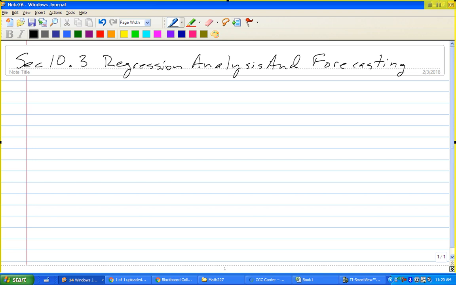Okay, so the regression equation, the regression line, is a line of the following form. Well, it's y equals mx plus b, and this is for a sample.